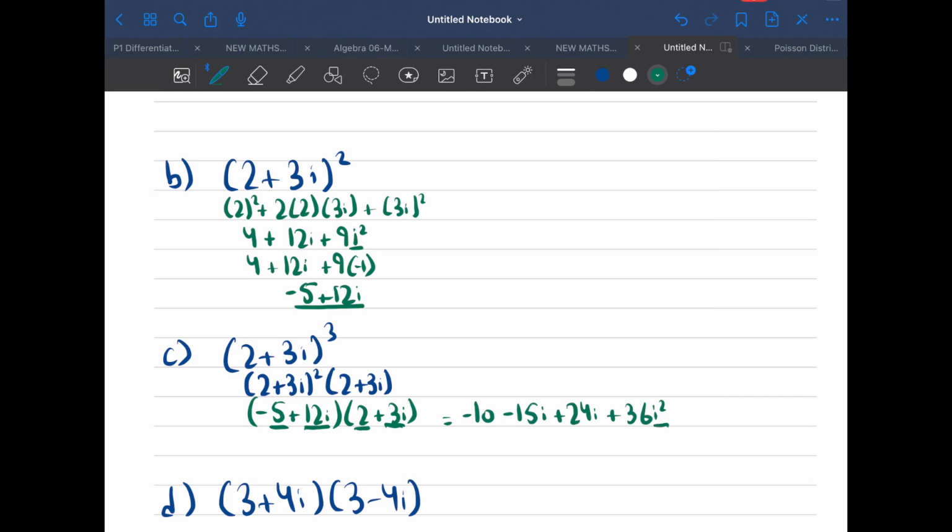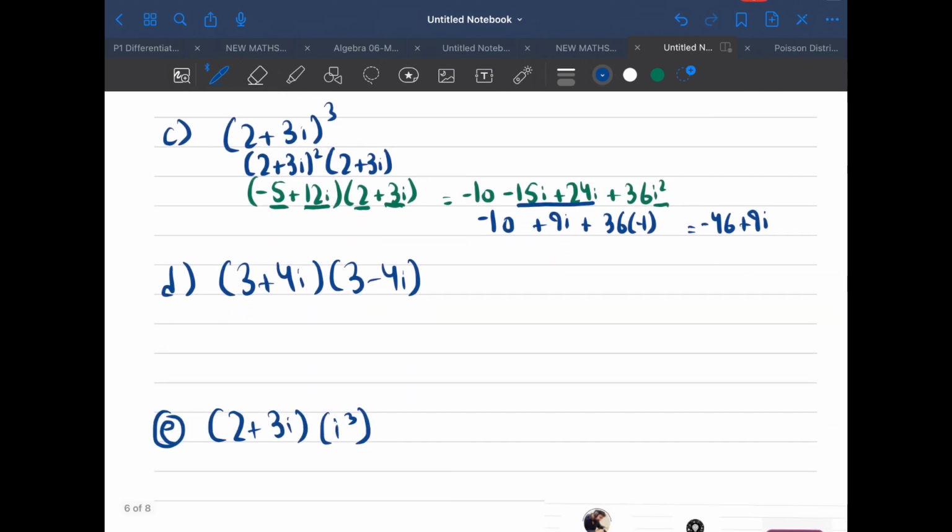What does i square mean? Minus 1. So it's going to become minus 10 minus 15 plus 24 makes 9 iota, plus 36 minus 1. So minus 10 minus 36 is minus 46 plus 9 iota. Got this?